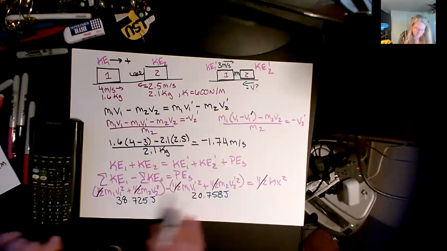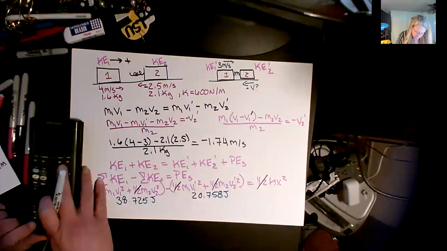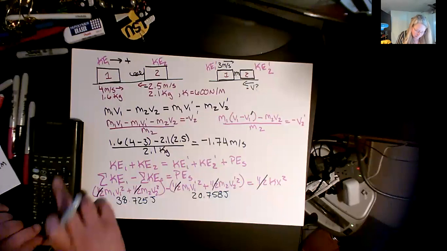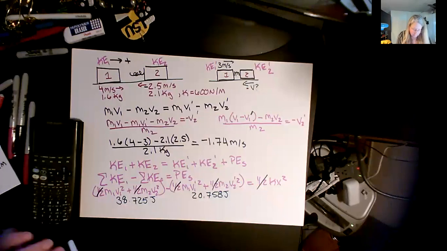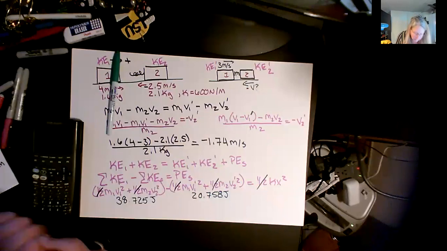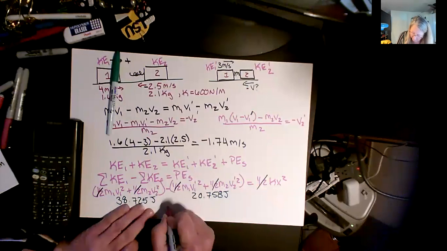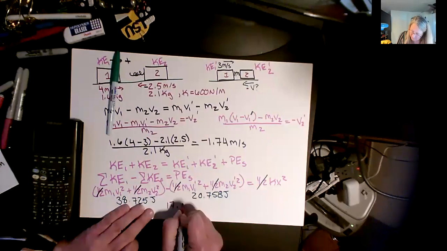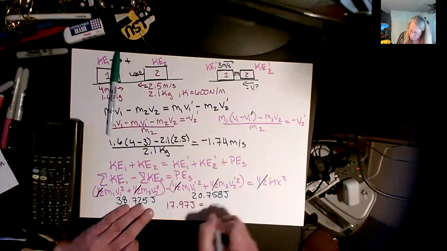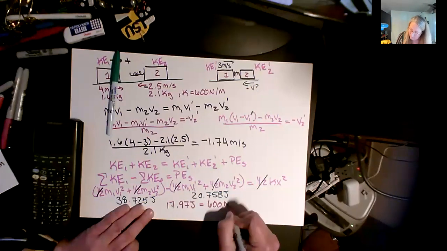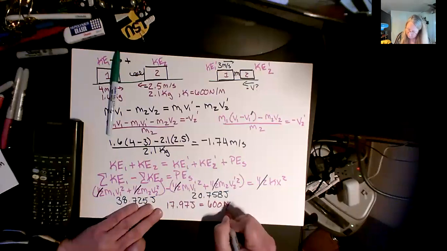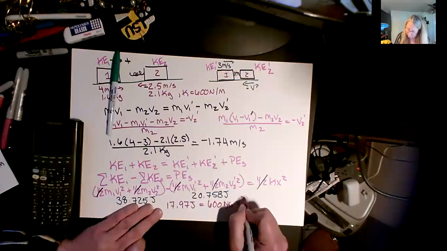And then I can take the difference in those two, which gives me 17.97 joules equals 600 Newton meters per meter x squared.